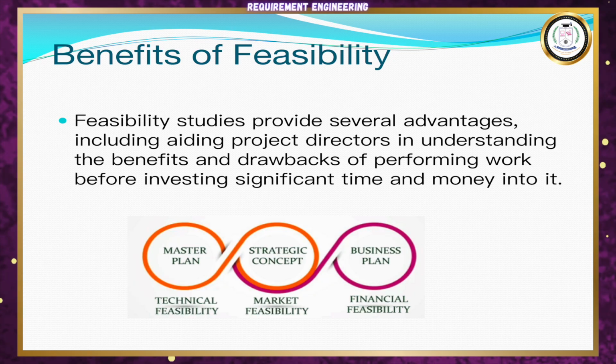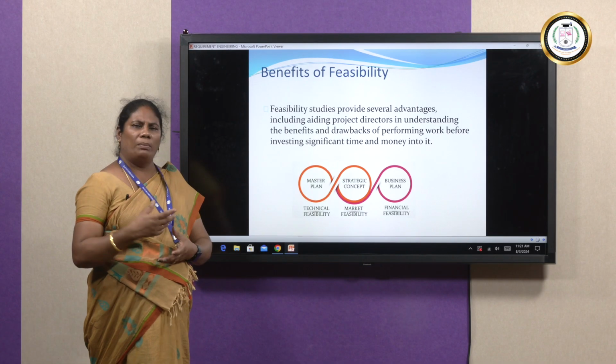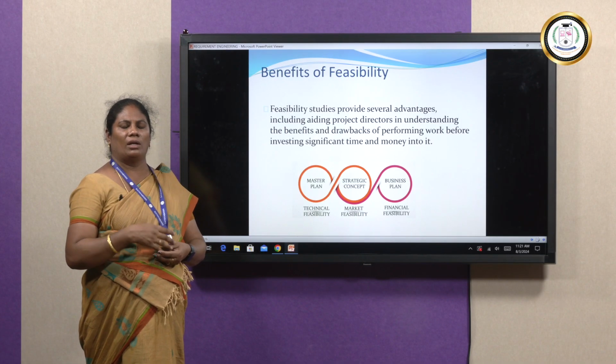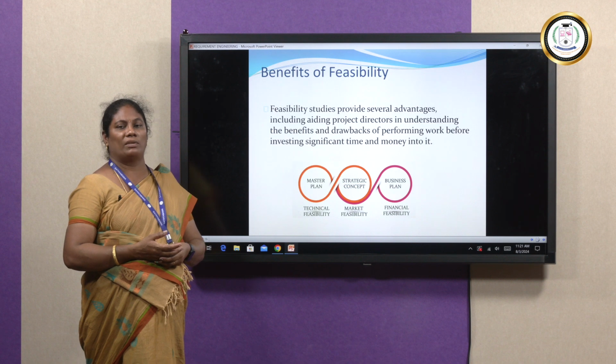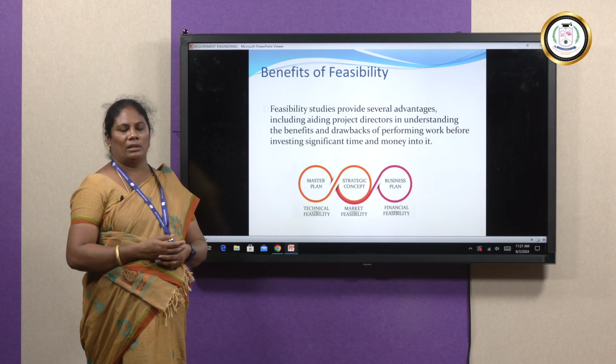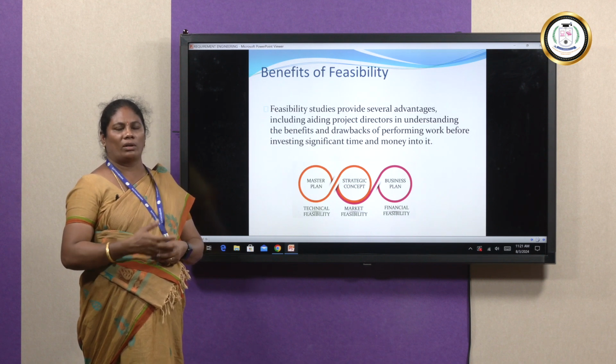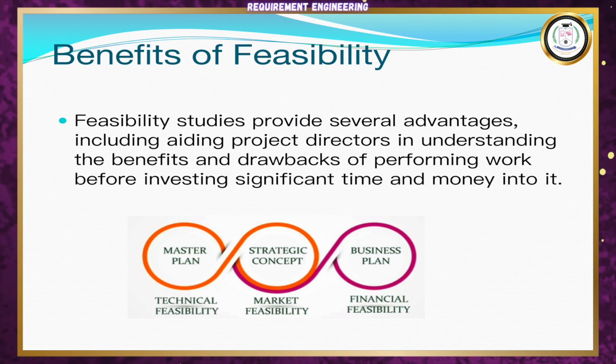This is the diagram for the feasibility studies: technical feasibility, marketing and financial. Based on the financial, we use some implementation languages and domains. To get the exact output for the project, we have to use the new trending domain or new trending implementation.